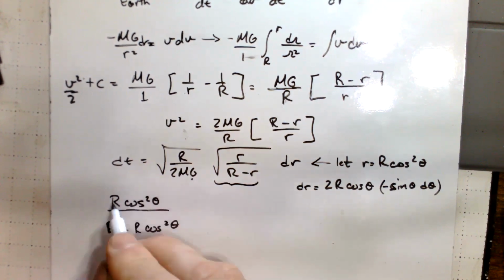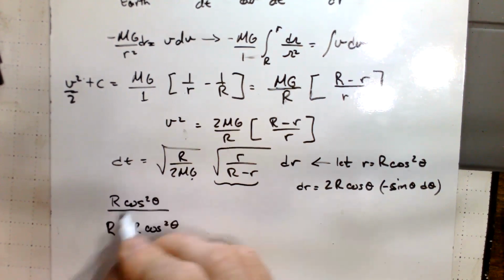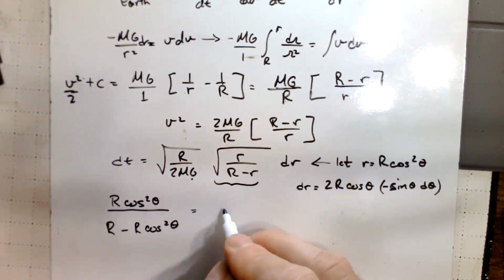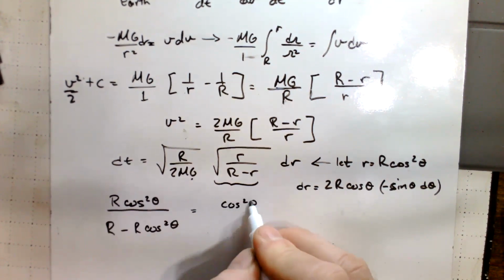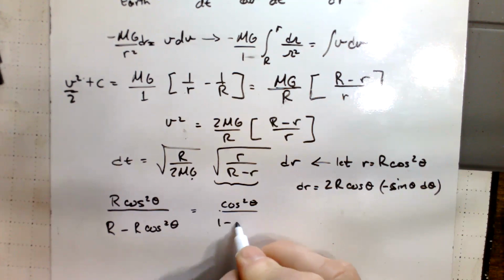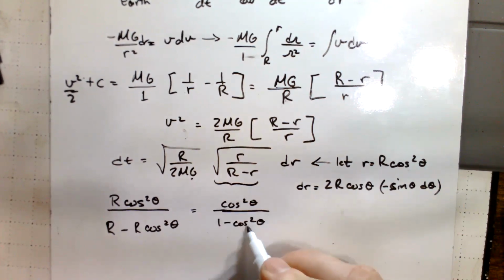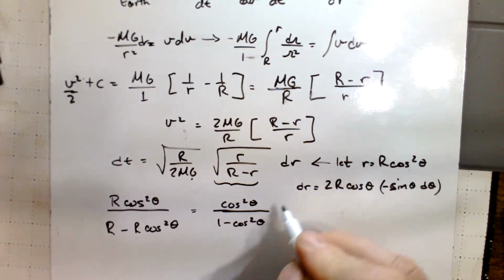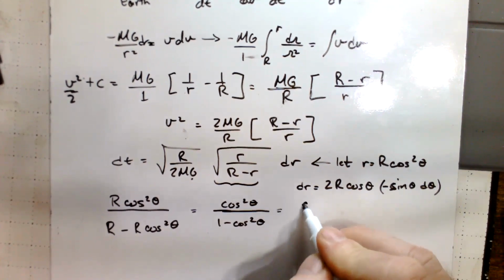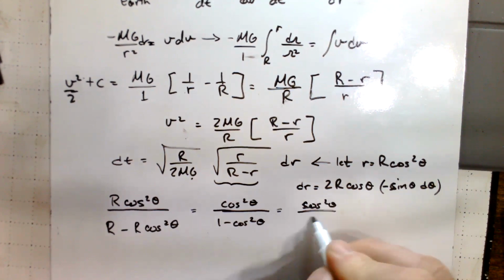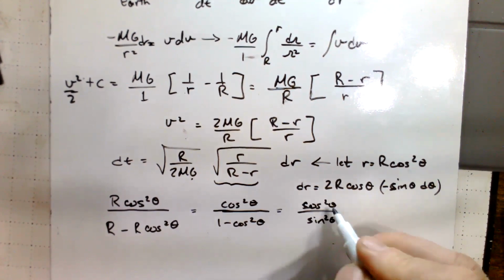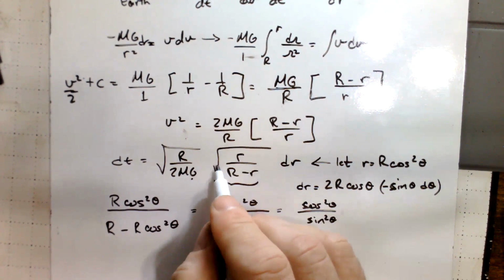Now notice that they all have an R in common, so I can reduce that. And then this is going to give me cosine squared theta over 1 minus cosine squared theta. By the Pythagorean theorem for trig, this is sine squared. And so that's really nice because now I have cosine squared theta over sine squared theta.